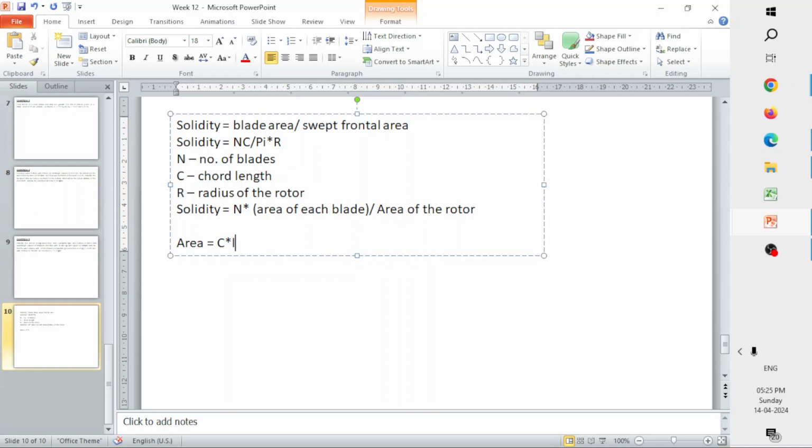If you see in the video lectures also, there is a clear-cut description of the projected area of the blade as C times L. Over there, what they have done is they have taken a blade, and then each blade is divided into smaller sections. When you see the airfoil from the top and divided into small sections, each section will look rectangular in shape.